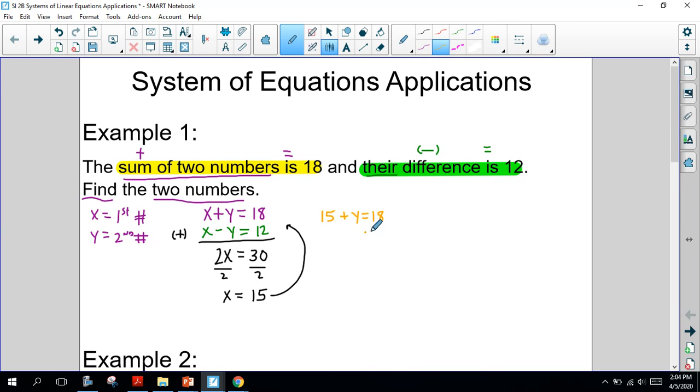And then to solve this, I'm going to subtract the 15 on each side. As I subtract 15, y ends up equaling 3. So my final answer here is going to be the ordered pair 15, 3.